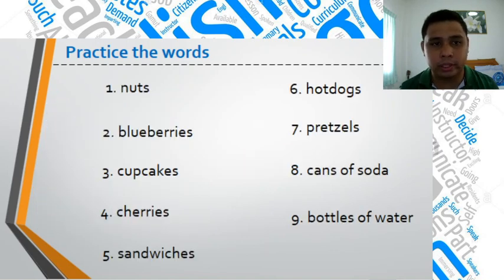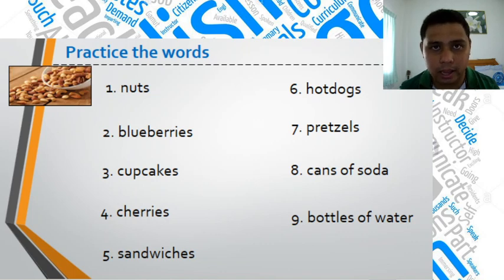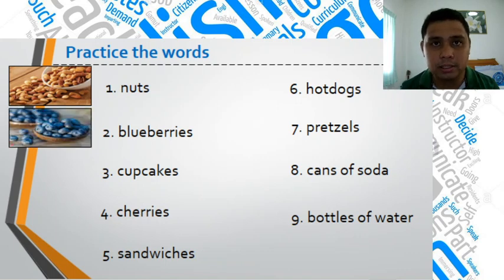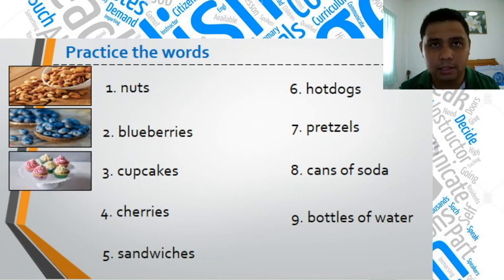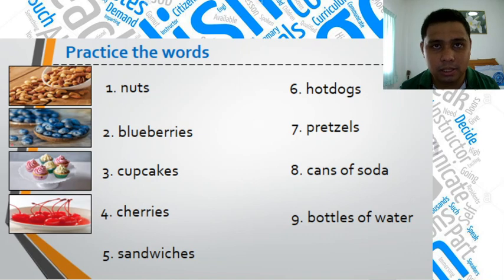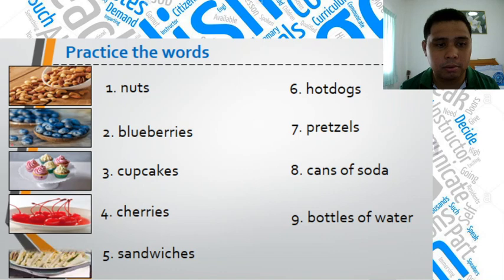Okay, so let us practice the words first. Number 1, nuts. Number 2, blueberries. Number 3, cupcakes. Number 4, cherries. Number 5, sandwiches.